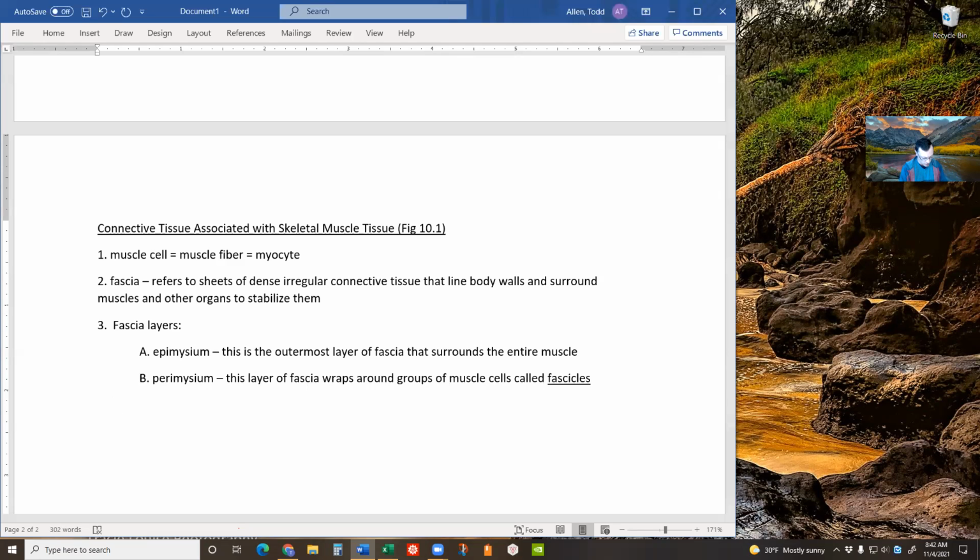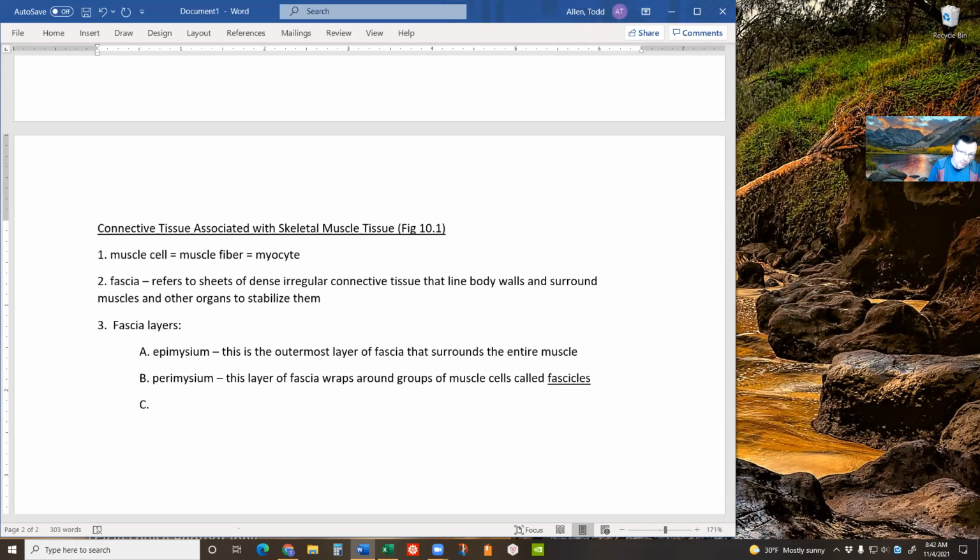And then we have one more layer to talk about. We have the innermost layer of connective tissue, the innermost layer of fascia that wraps around individual muscle cells, called the endomysium. Let me give you a starting point here.